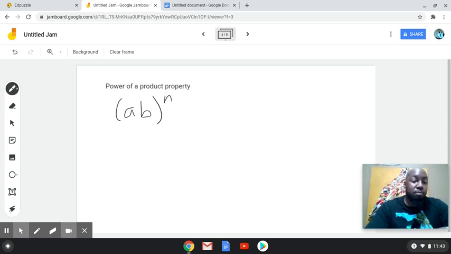If they're two different numbers, or if you have a number and a variable, then you're just going to distribute this power to both of the terms inside of the parentheses. So this is just going to be a to the n times b to the n. That's all. So that's what the power of a product property states. Okay, moving along.